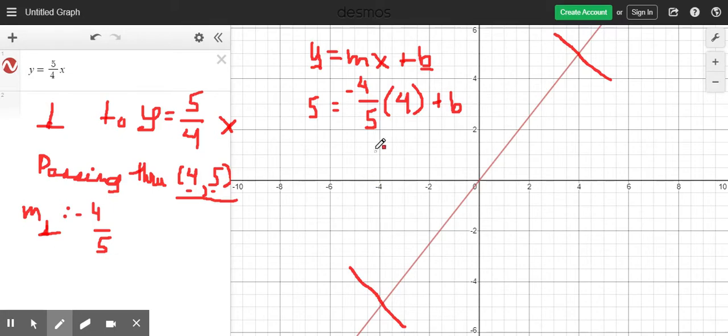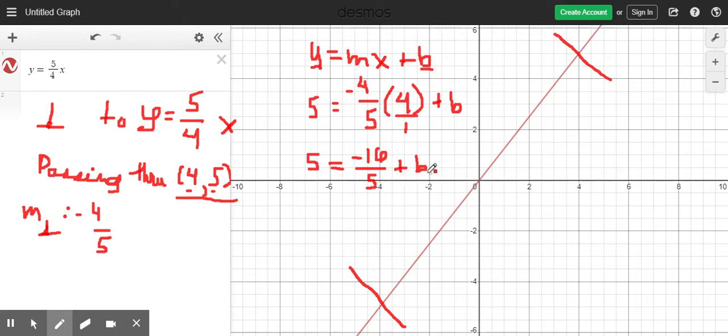Okay, now I've got two fractions that I'm multiplying. I'm going to put that 4/1, so I can take numerator times numerator. -4 times 4 is -16/5 plus b is equal to 5.